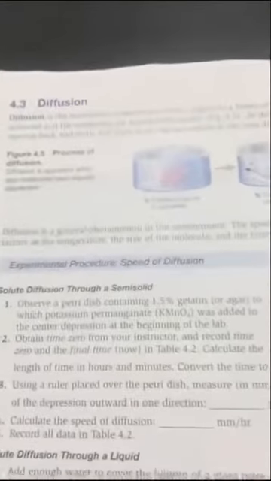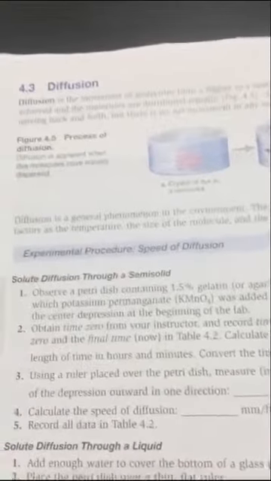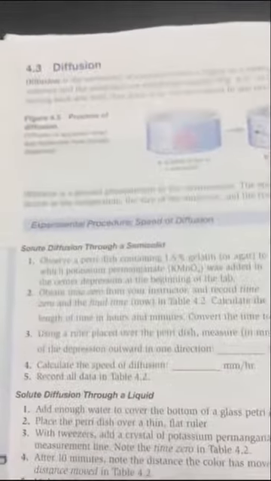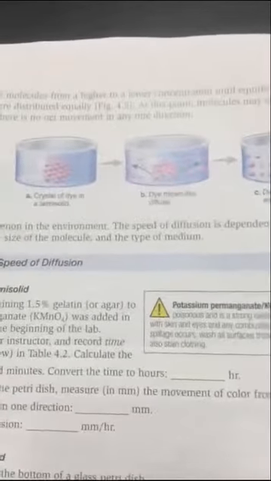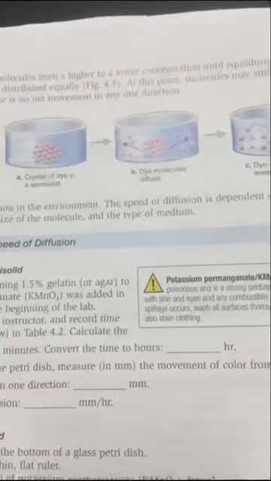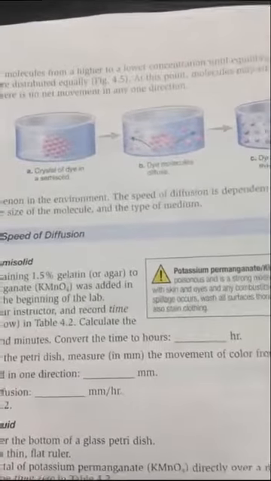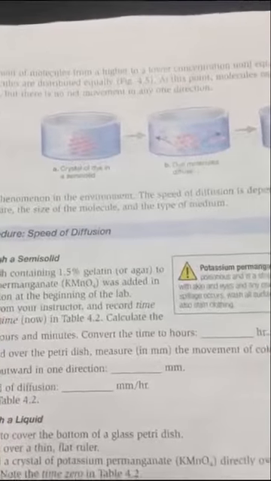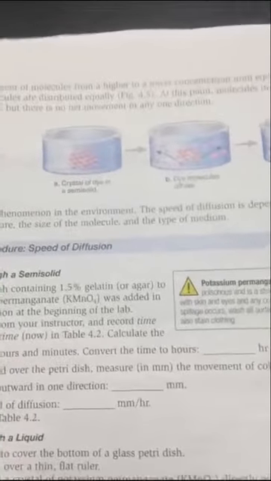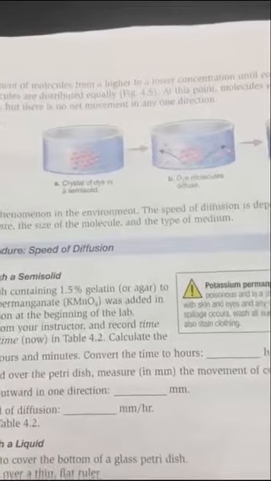Okay, the other thing you'll be doing is working with processes by which things can get in and out of cells. For example, this is just diffusion, which is the movement of a substance from where you have a high concentration to where you have a low concentration. So what someone has done is put a dye in this, I would have guessed a petri dish.